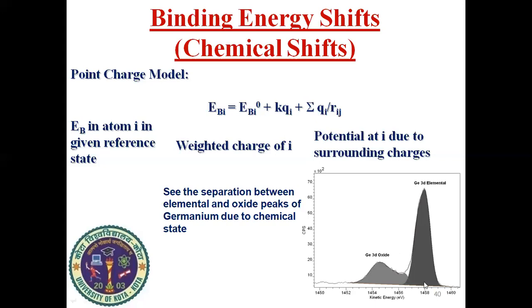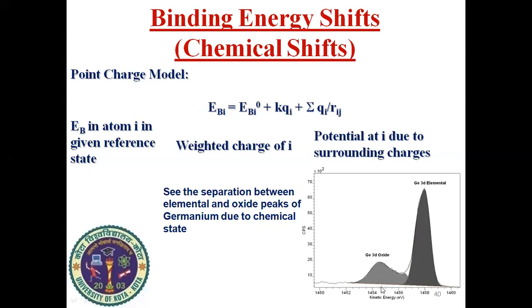Here you can also see one figure. The chemical shifts seen in XPS data are also a valuable source of information about the sample. This spectrum is recorded on a germanium sample, and it illustrates the separation of elemental germanium and oxide peaks due to chemical state.